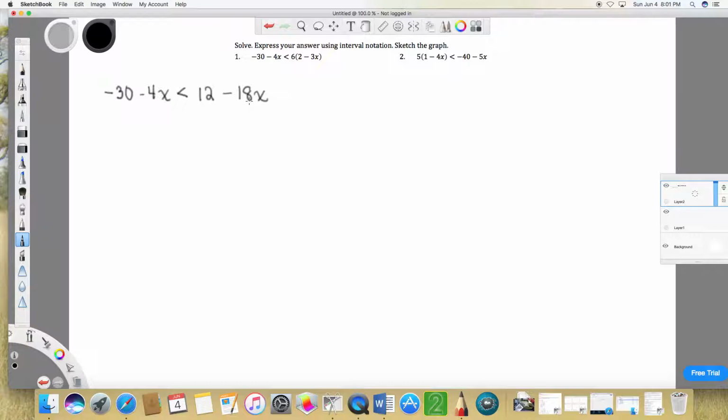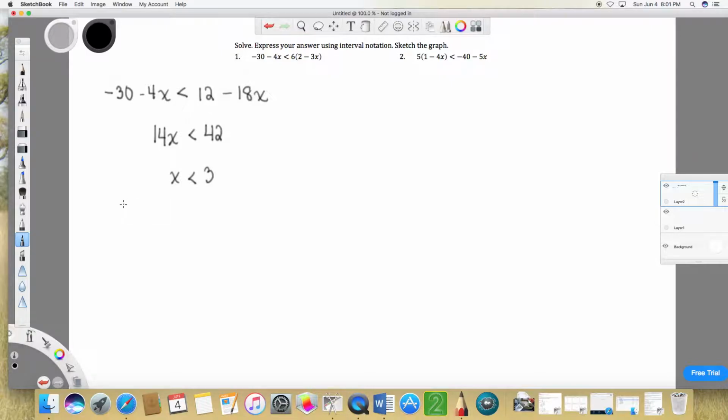So I'm going to add 30 to each side, and I'm also going to add 18x to each side. So 18x minus 4x is 14x. And 12 plus 30 is 42. Divide both sides by a positive 14, and I get that x is strictly less than 3.